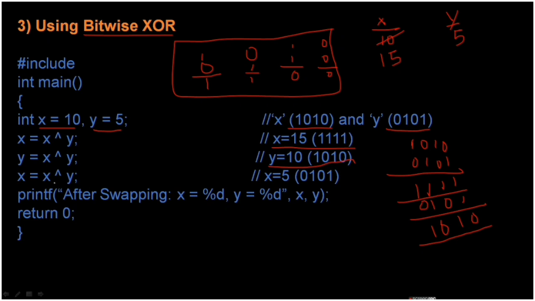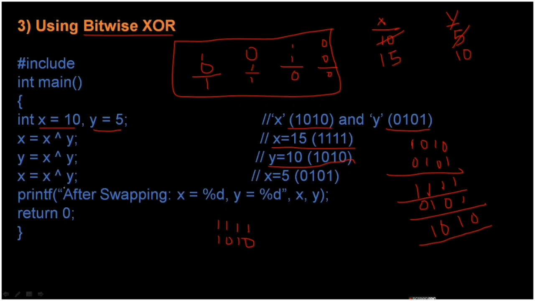After this, again x is equal to x XOR y. So now y contains 10 and x is 15. So the 15 value is this much and the y value is this much. So the x value is 1 1 1 1 and the y value is 1 0 1 0.